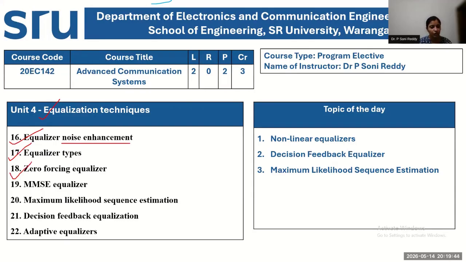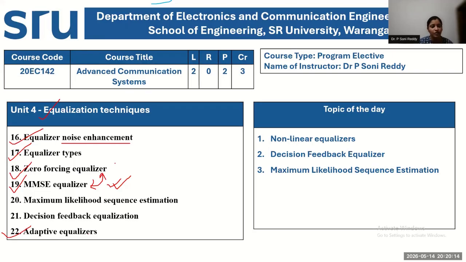We have discussed the zero forcing equalizer as a linear equalizer, and we have also discussed the minimum mean square error equalizer as part of the linear equalizers, and we have compared the performance of both of them. We have found that MMSE is much better compared to zero forcing in terms of reducing both ISI and noise. We have also discussed adaptive equalizers, all the different types of adaptive equalizers.